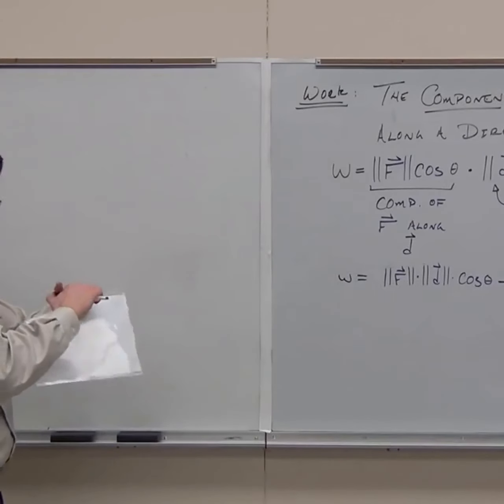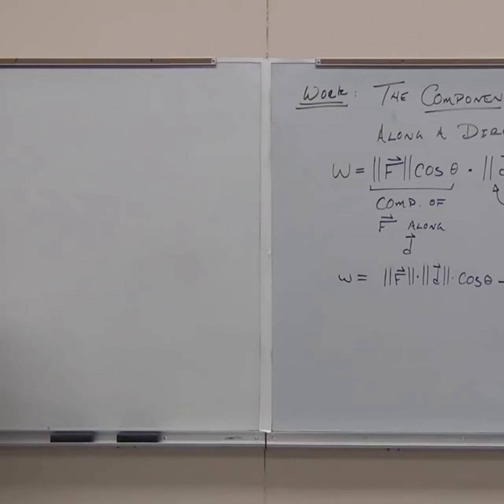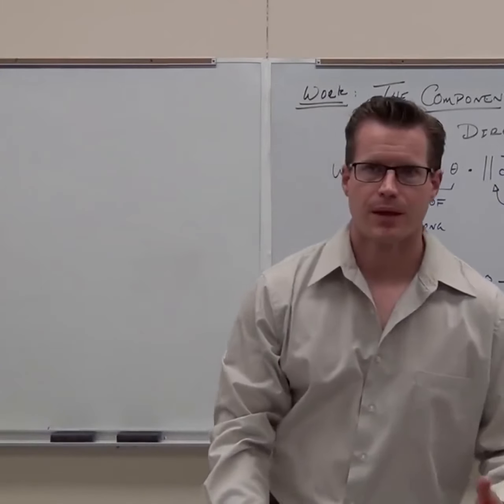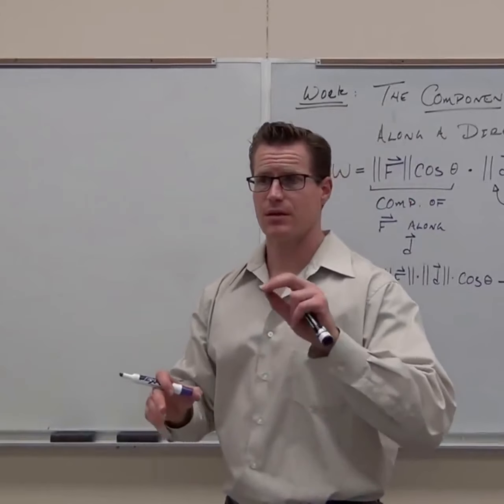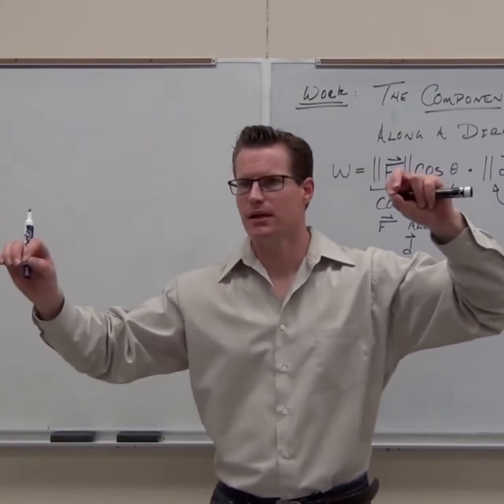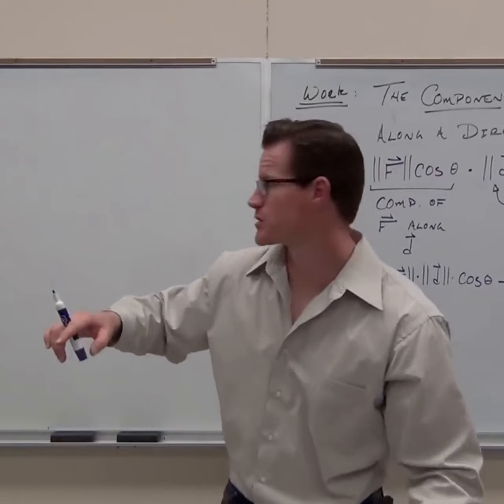Okay, so first example. Here's what's going on. I got a force vector, so I'm pulling along this vector. I'm pulling along that vector, but I have this little runner. It's like a track, and this track goes between two points.